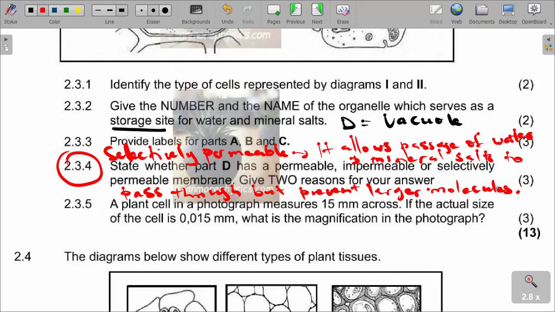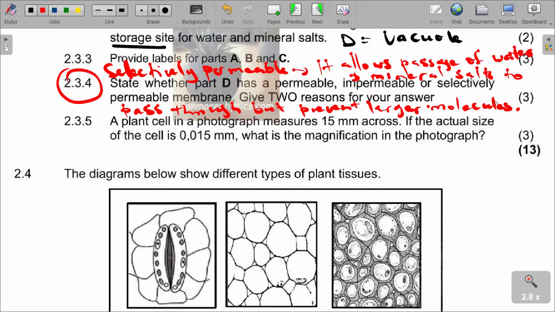So you should understand that it's called a semi-permeable membrane. Certain molecules can pass and others cannot. Therefore, it is called semi-permeable.